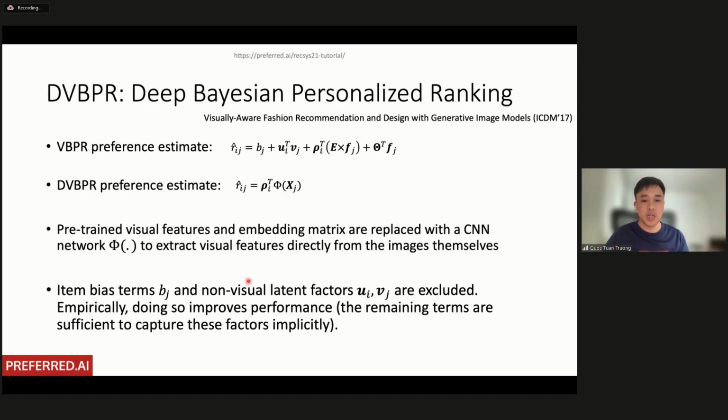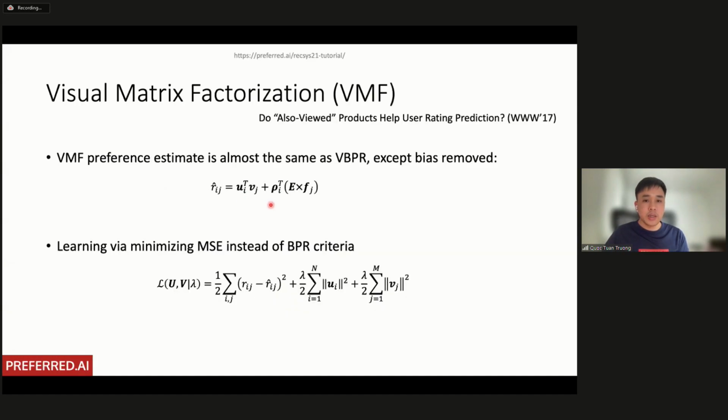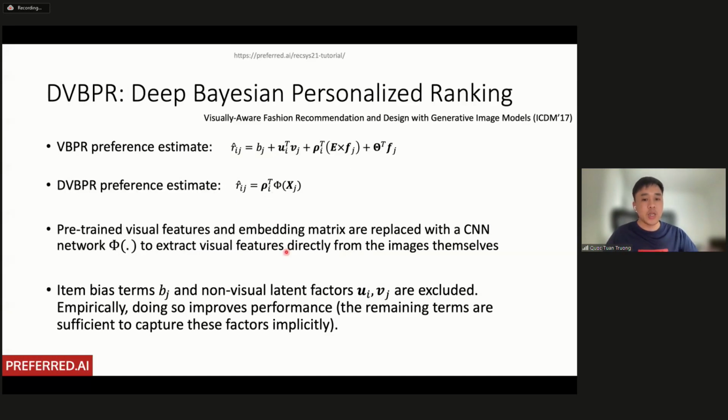They observe empirically that this simple estimation improves the performance. So the remaining terms of the latent factors in the matrix factorization framework are not necessary in this particular model. That's a simplification, and they experiment with this model on the same dataset and compare with the VBPR, and this simplification outperforms the VBPR settings.